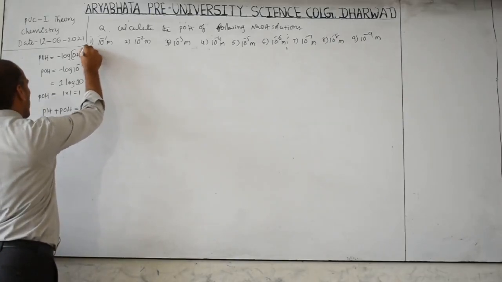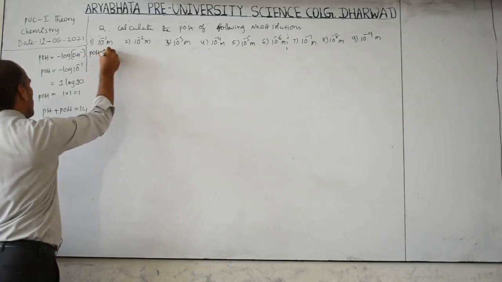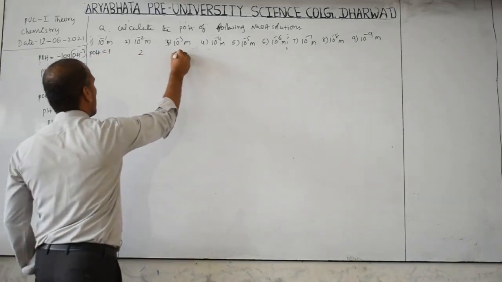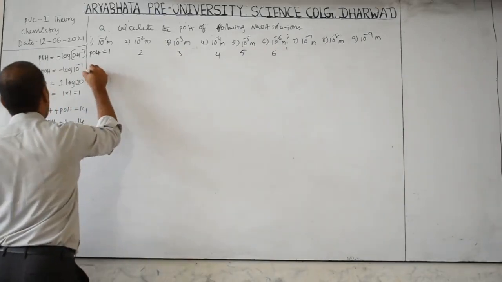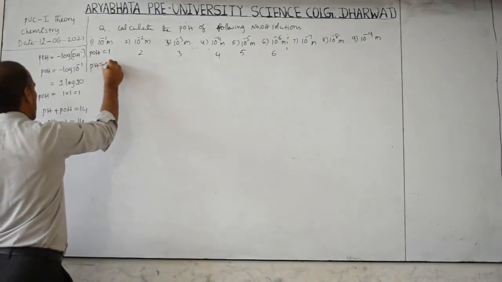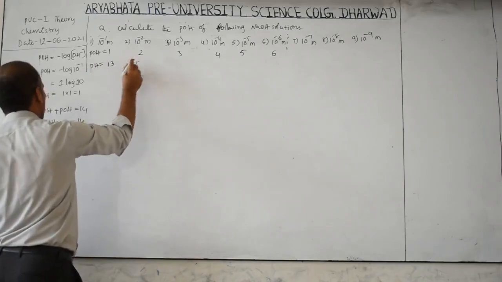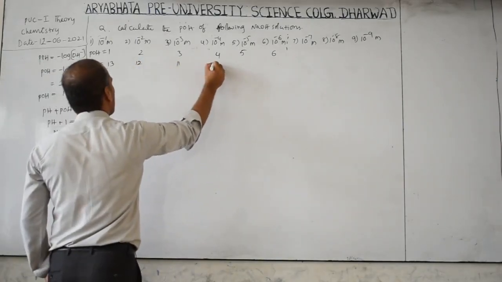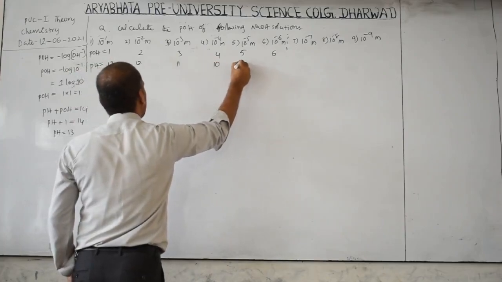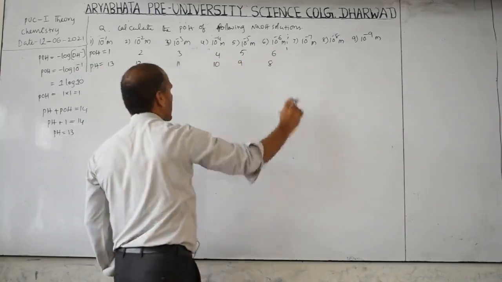So here I am writing pOH is equal to 1, 2, 3, 4, 5, 6. Then pH is equal to 13, 14 minus 2 is 12, this is 11, this is 10, this is 9, this is 8.